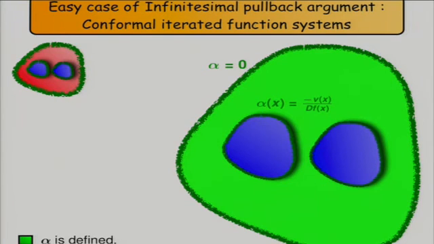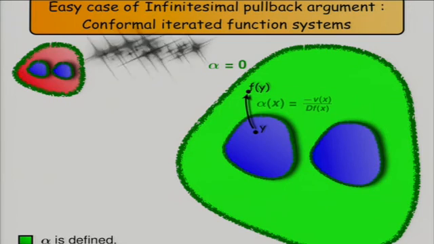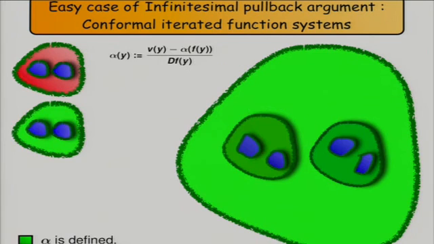Good. And now, if you have a point y that goes inside the green region after one iteration, you just define alpha using this formula. So automatically, you get that alpha satisfies the cohomological equation in these two green regions.